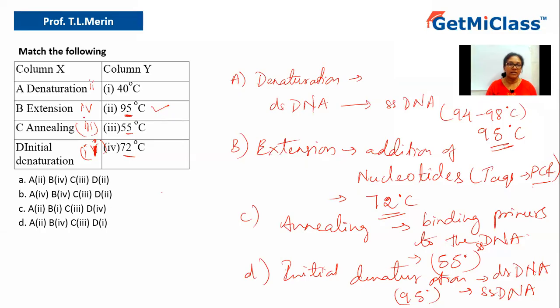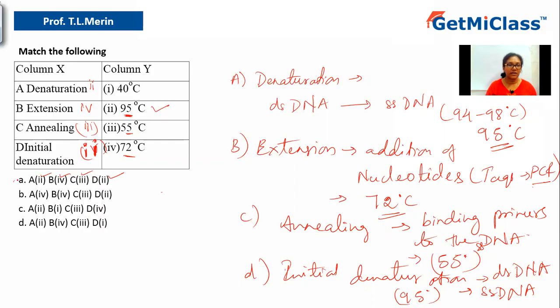So for both denaturation and initial denaturation, it will be the second one. Let us see. Option A says A is 2, B is 4, C is 3, and D is 2. That is, 2, 4, 3, 2.